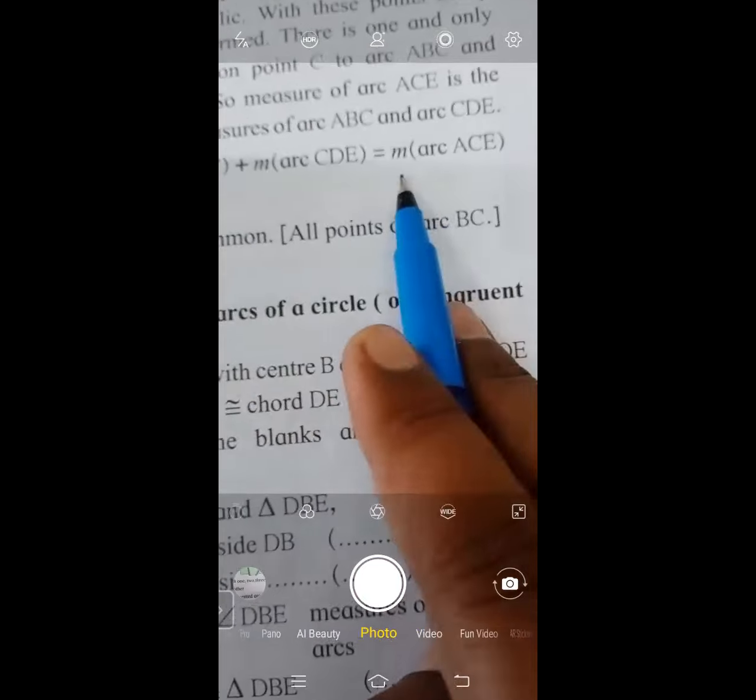What if I have to find the measure of the arc ACE, the complete circular part? I will add ABC plus CDE. So how to write this? Measure of arc ABC plus measure of arc CDE is equal to measure of arc ACE.